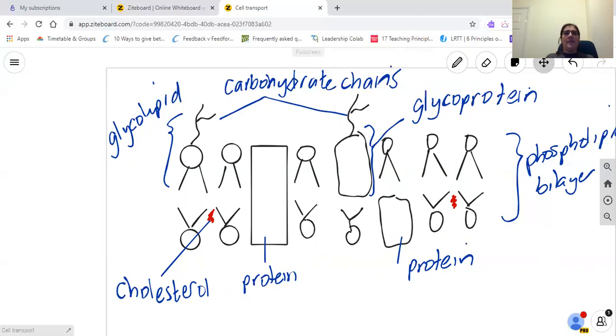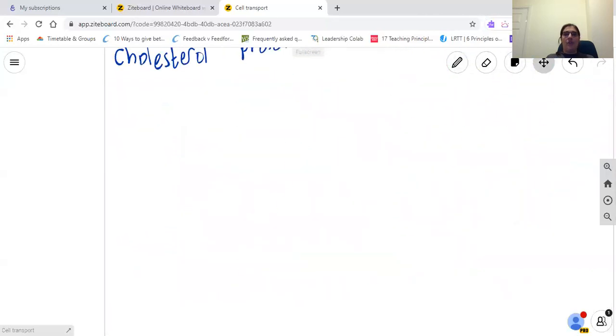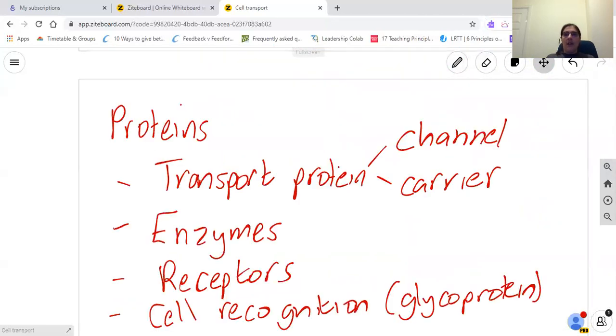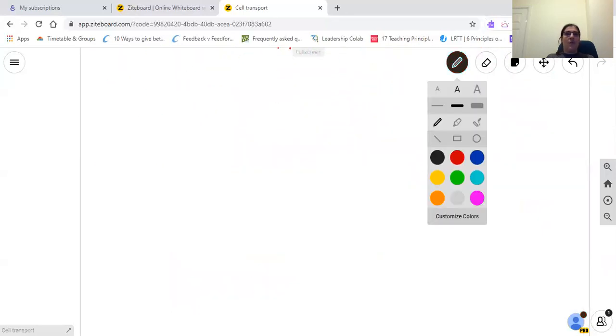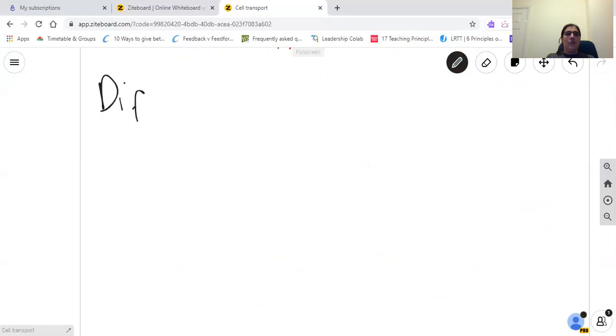So the next thing to think about is, how do substances get across? So we're going to look at a few different processes. The first one to look at is the one we're used to from GCSE, which is diffusion.